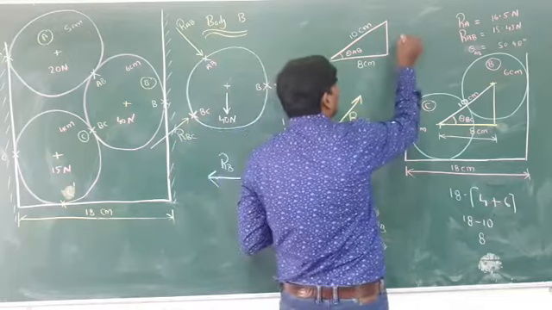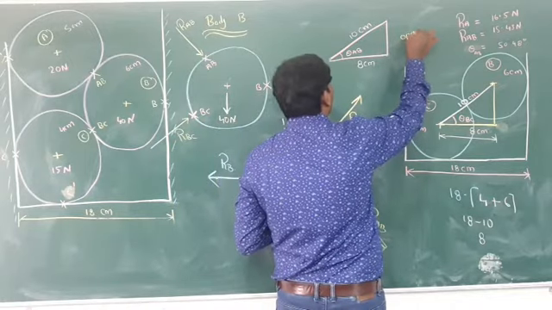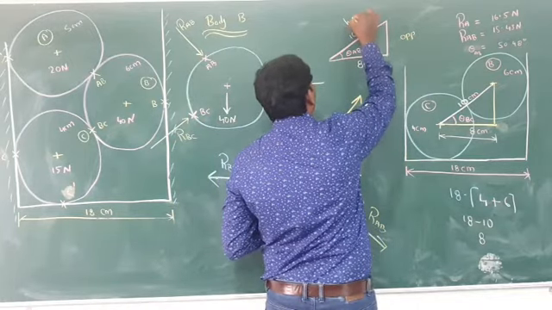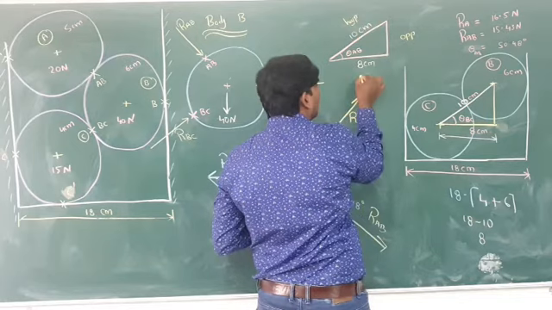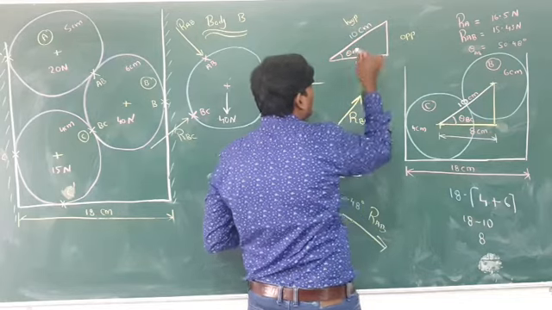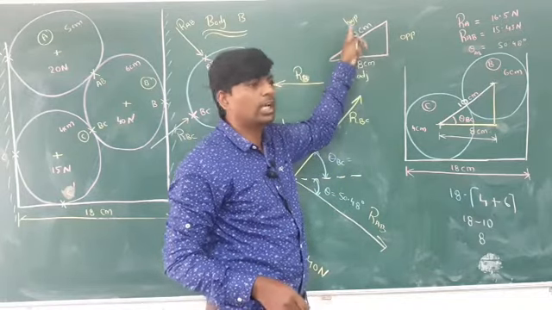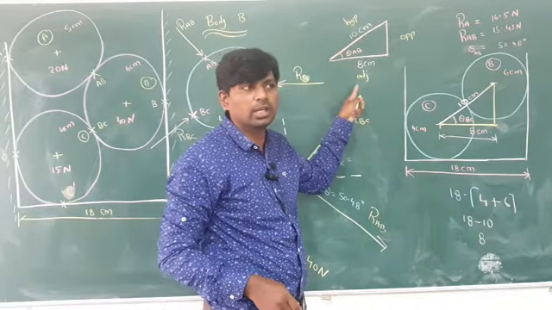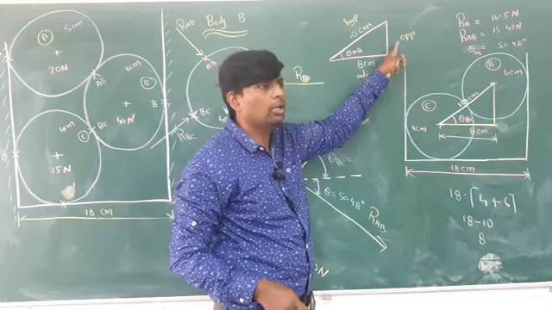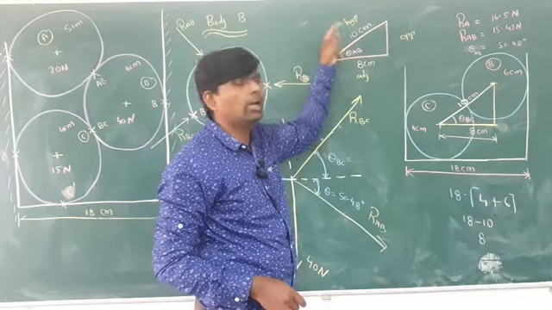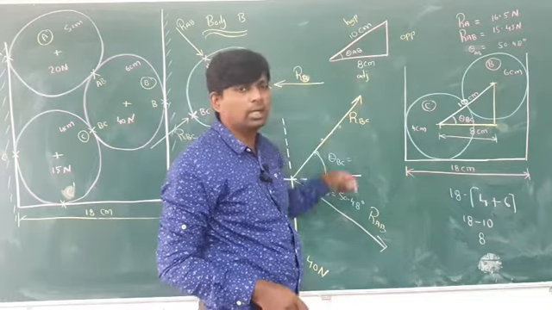Whatever the angle is there, this one you have to consider as the opposite. This inclined one is the hypotenuse, and this one is the adjacent.